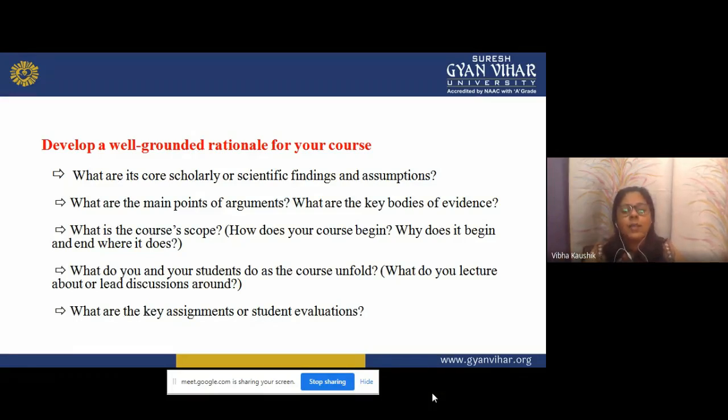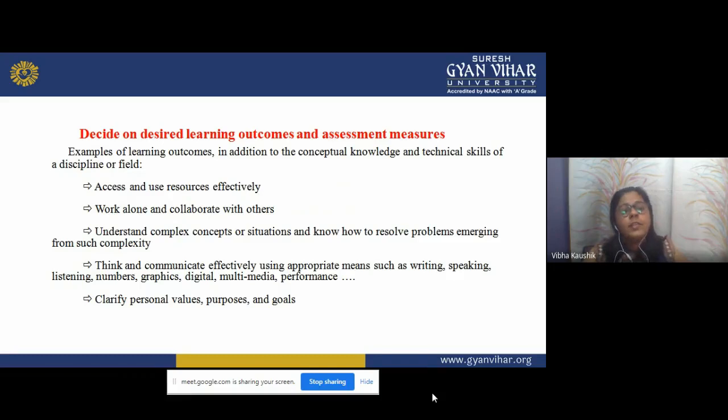What are the key assignments or student evaluations? What type of assignments will you give to the students, and what will be the procedure or techniques for taking the students' evaluation? Decide on desired outcomes and assessment measures.